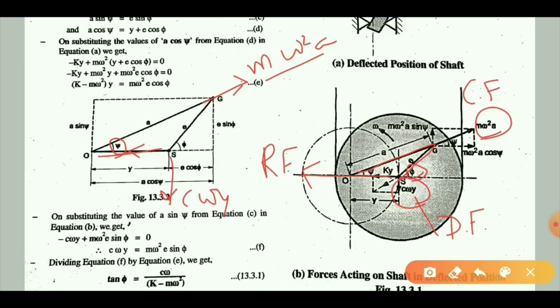So there are two components of this. First one is the cos component and another one is the sine component.